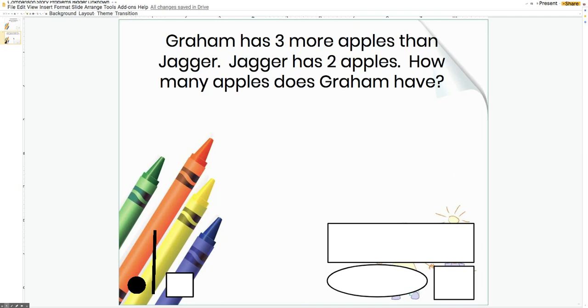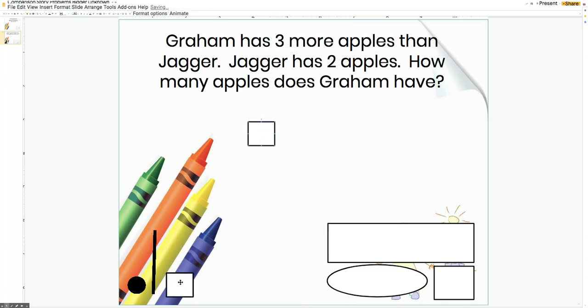Well, can we use what we know about Jagger's to help us figure out how many Graham has? We sure can. So let's get started and let's solve this problem by making a model. So in this problem, we have 2 sets of objects. What are the objects that we have? They're Graham's apples and Jagger's apples.